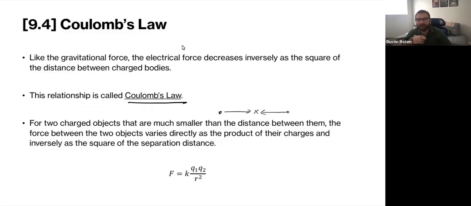That sounds like a lot, but if we look at the same statement in word form, you have the product of their charges. We have Q1, Q2, and that's usually how we represent a charge, as Q. So it's the product of their charges. That's the numerator.